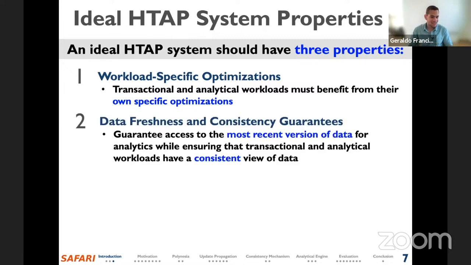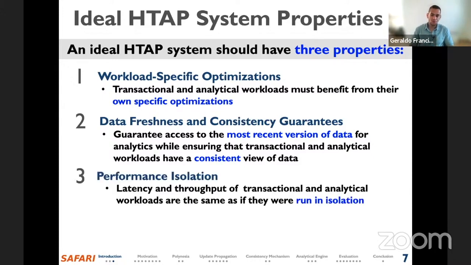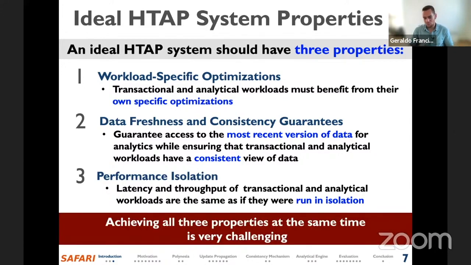The second one is that the HTAP system needs to guarantee that analytical workloads access the most up-to-date version of the data while ensuring a consistent view of the data in the entire system. And the third one is that the latency and throughput of transactional and analytical workloads should be as if they are running in isolation. However, as I'm going to show next, it is really challenging to achieve all three of those HTAP properties concurrently for a given HTAP system.